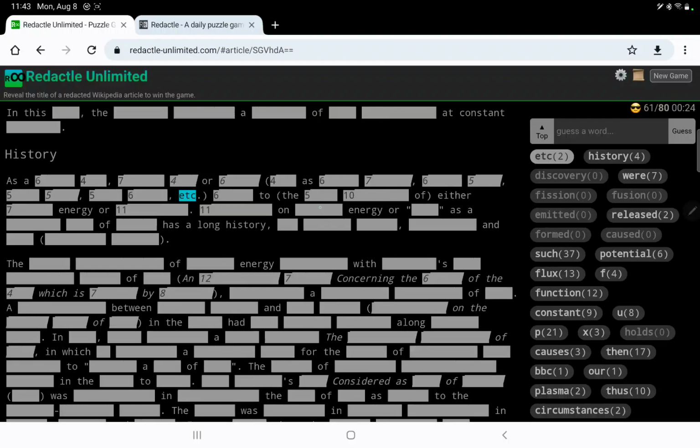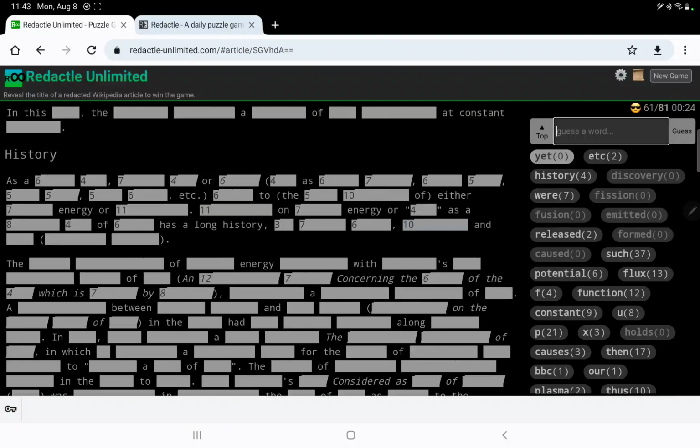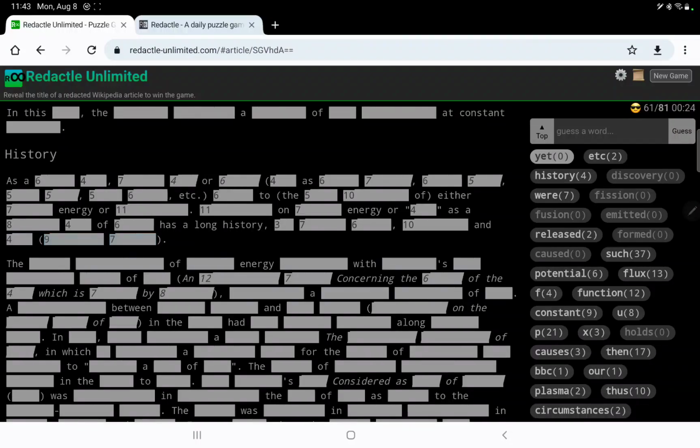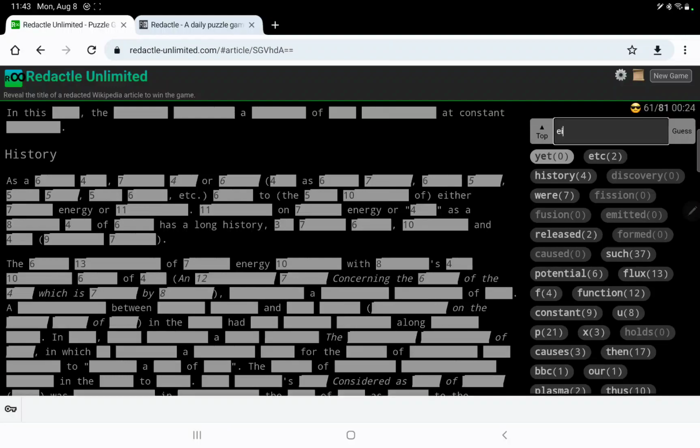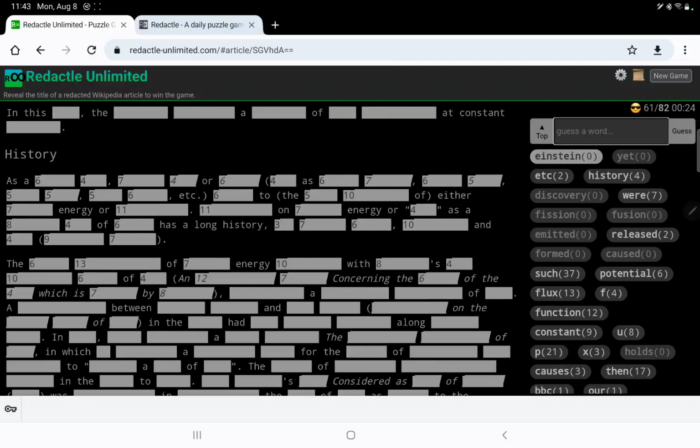Hmm. 11 on 7 energy are 4. As a 8, 4 of 6 has a long history. 3, 7 yet. No. 10 and 4. 9, 7. The 6, 13 of 7 energy 10 with eights 4, 10, 6 of 4. Is it good old Albert Einstein?